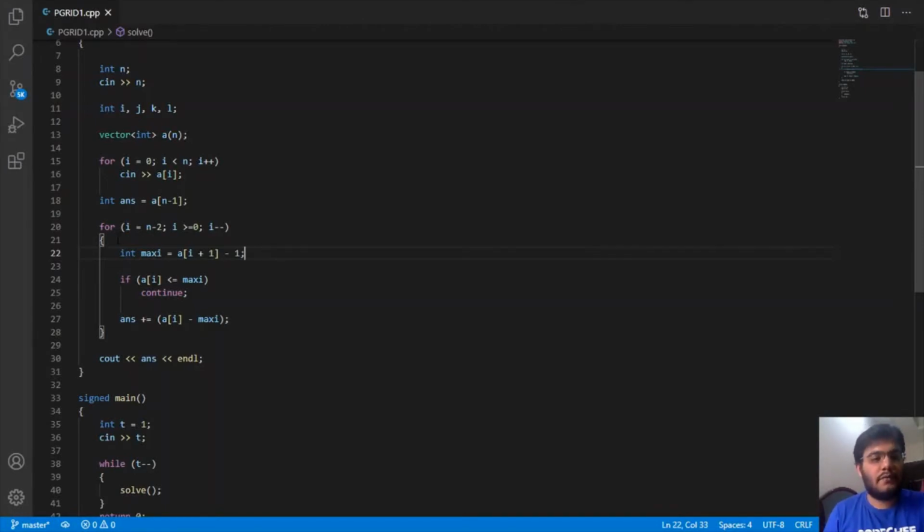Now if the number of ones for this row is less than this maximum amount, then no step is required to be started. But if that is not the case, then we subtract the maximum amount from this, and the remaining number of ones is added, because we need to start steps for those ones. And finally we output answer as our final answer.